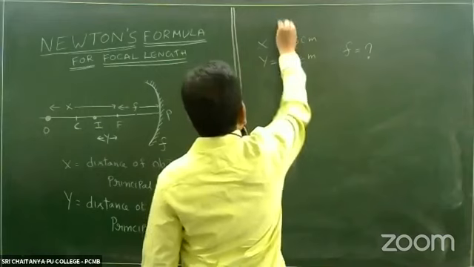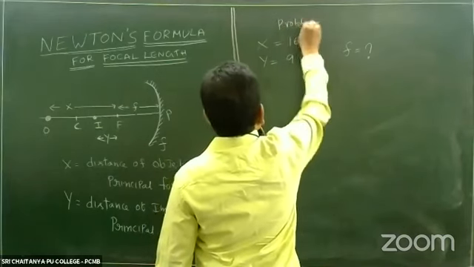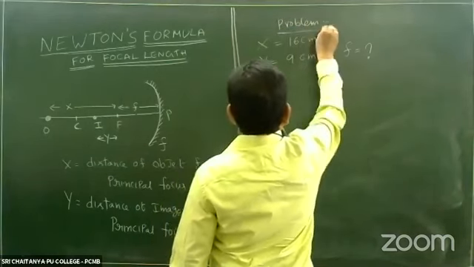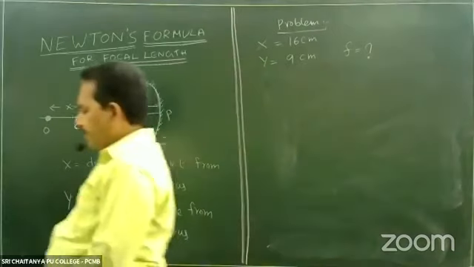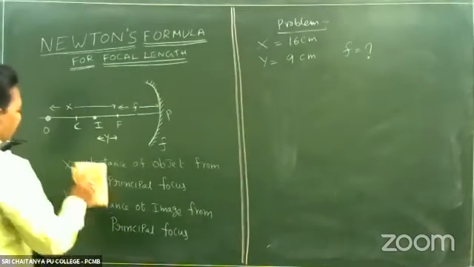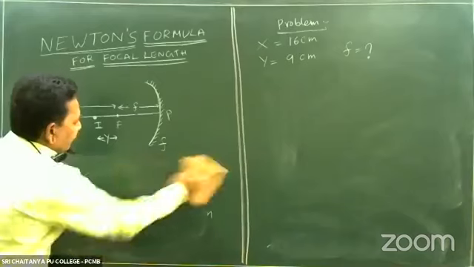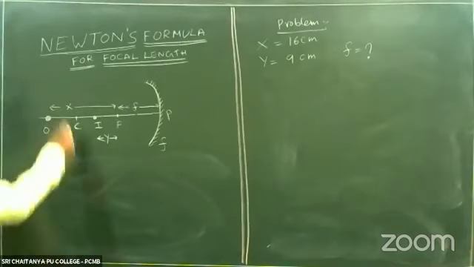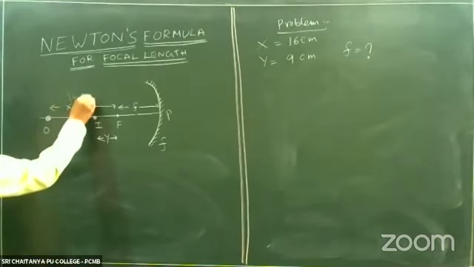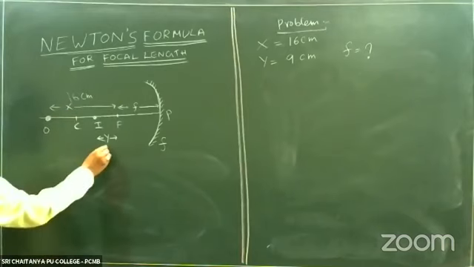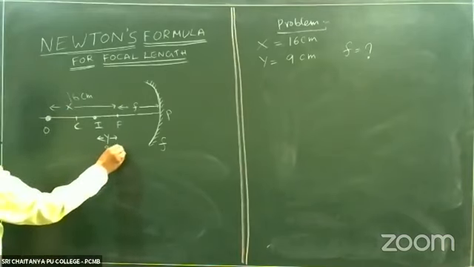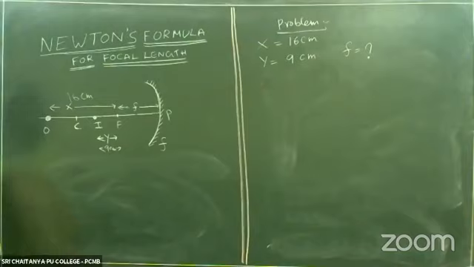Problem on Newton's formula. What is x? x is the distance of the object, 16 centimeters from the principal focus. y is 9 centimeters from the principal focus.